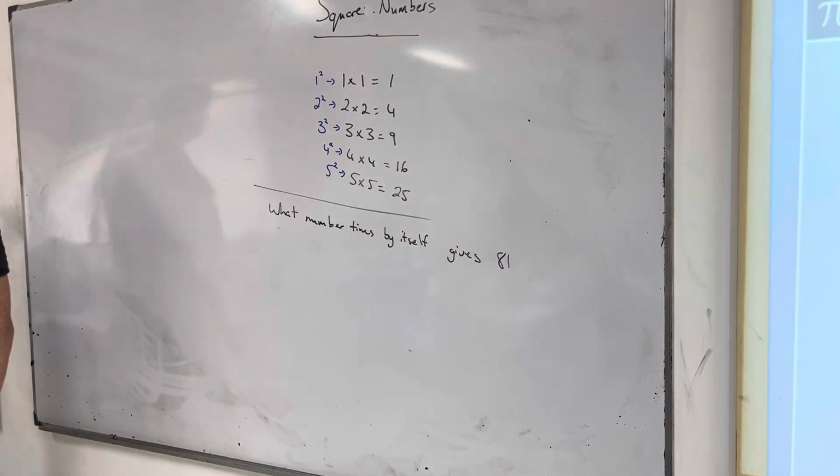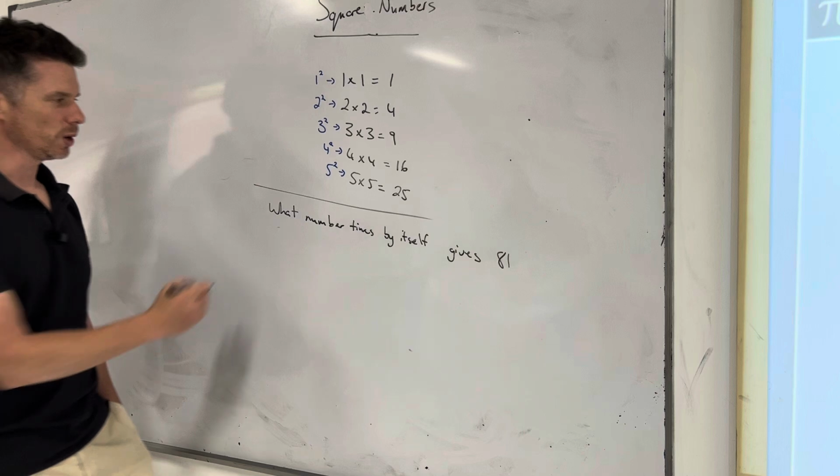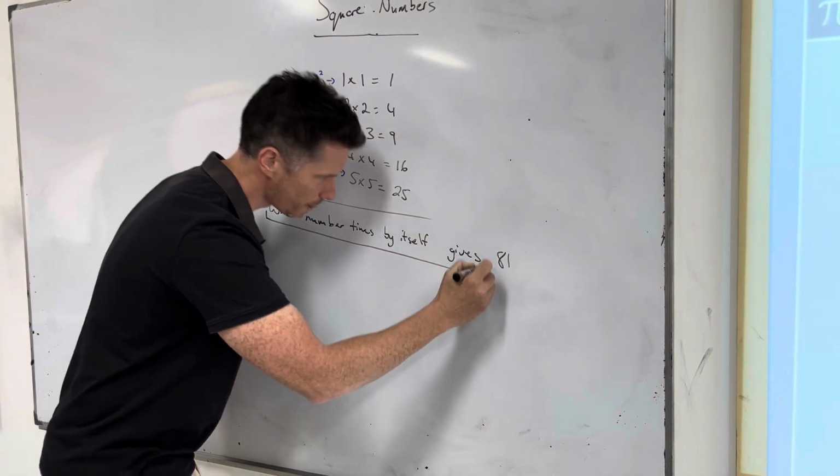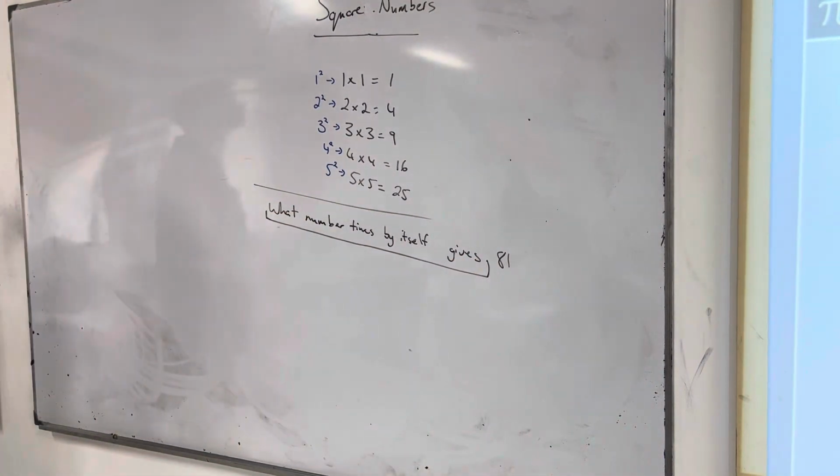What's the answer to that question? 9. Do we know how to write this in maths? How do I write that in maths? Kiki? What number squared gives? No, I want to write it way quicker than that.